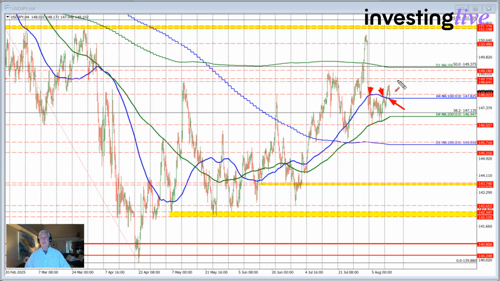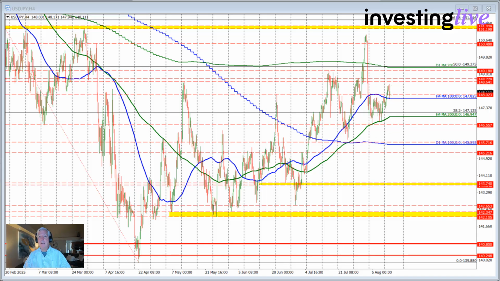At least they stay in the game. We are still well off the high price that we saw earlier today and off this swing area up here between 148.64 and 148.77. But this is going to be the risk-defining level, the bias-defining level for the dollar versus yen. Watch it at 147.82.